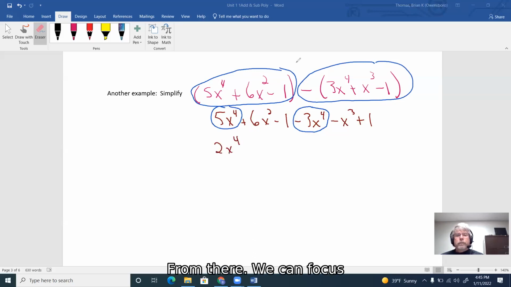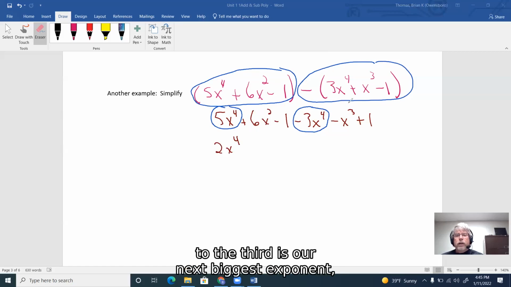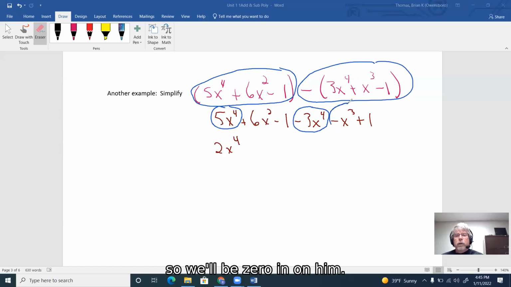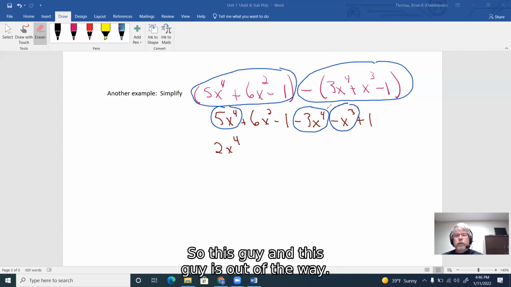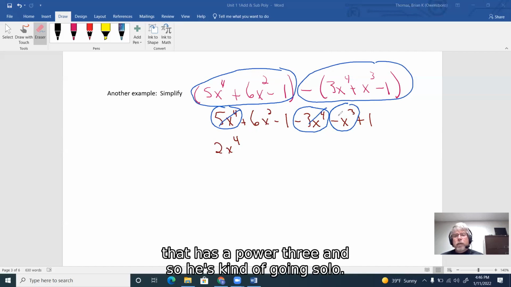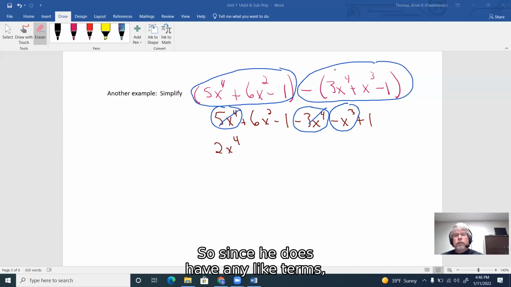From there, the x to the third is our next biggest exponent. So we would be zeroing in on him. Notice that there's not another term that has a power 3 in it. So he's kind of going solo. Since he doesn't have any like terms, he just drops down into the answer.